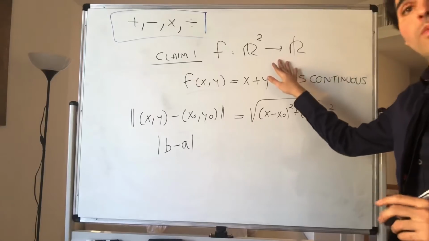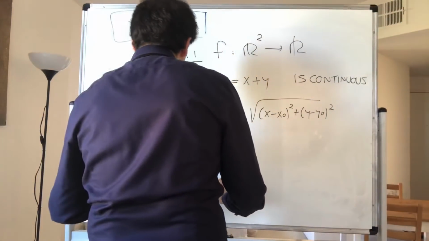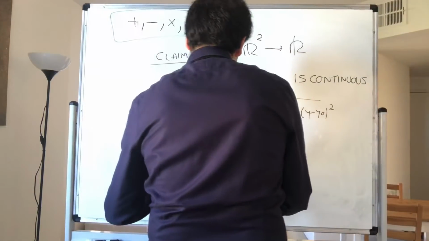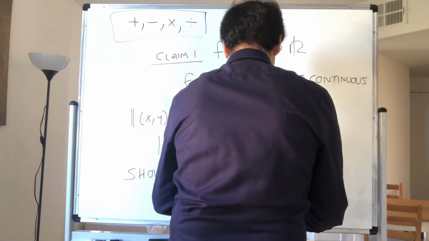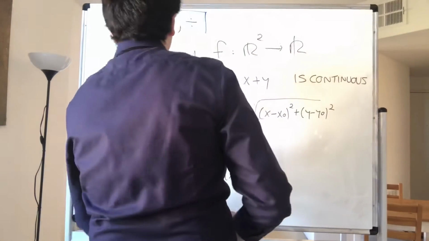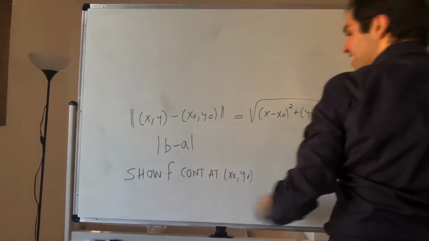Okay, now what do we want to show? So first of all, to show it's continuous, show that f is continuous at the point (x0, y0). Now let epsilon be given.